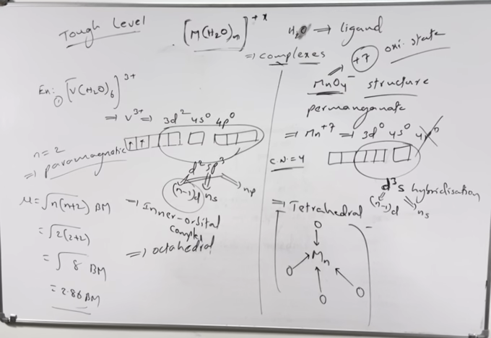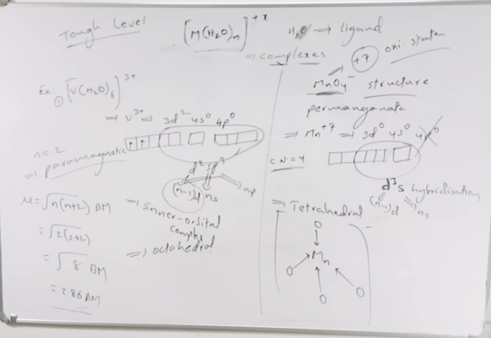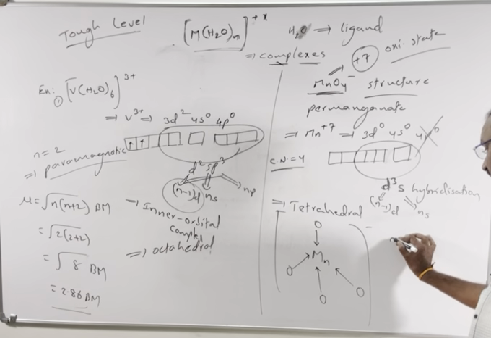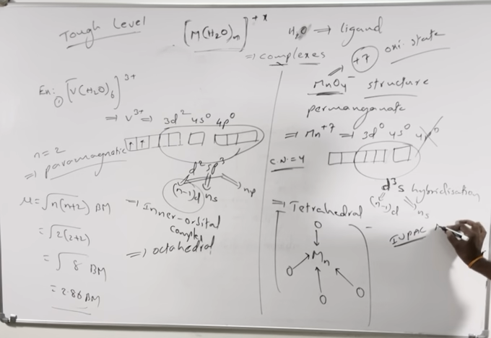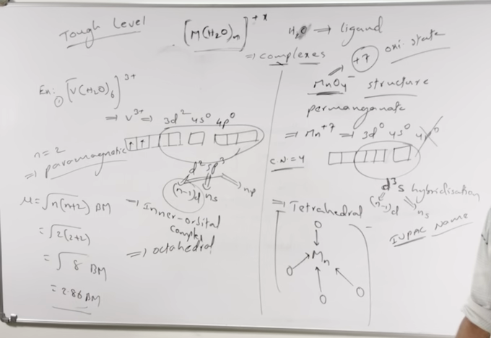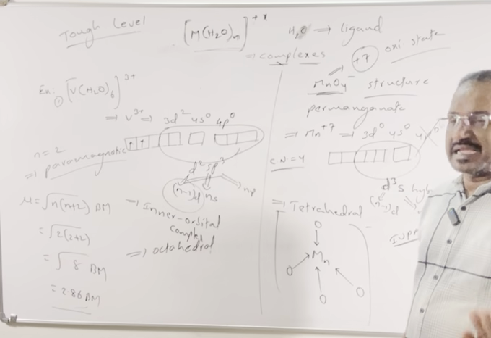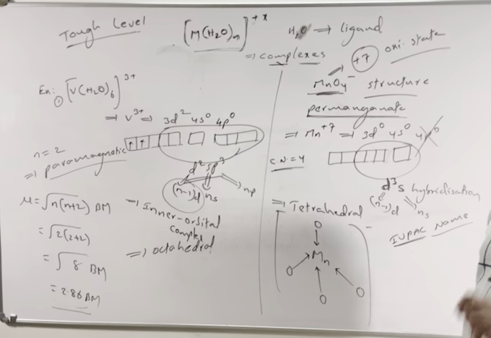This is MnO4 minus. Now, the IUPAC name of this permanganate. It is not permanganate according to IUPAC. We call it permanganate as a general name, but according to IUPAC, it is not permanganate.